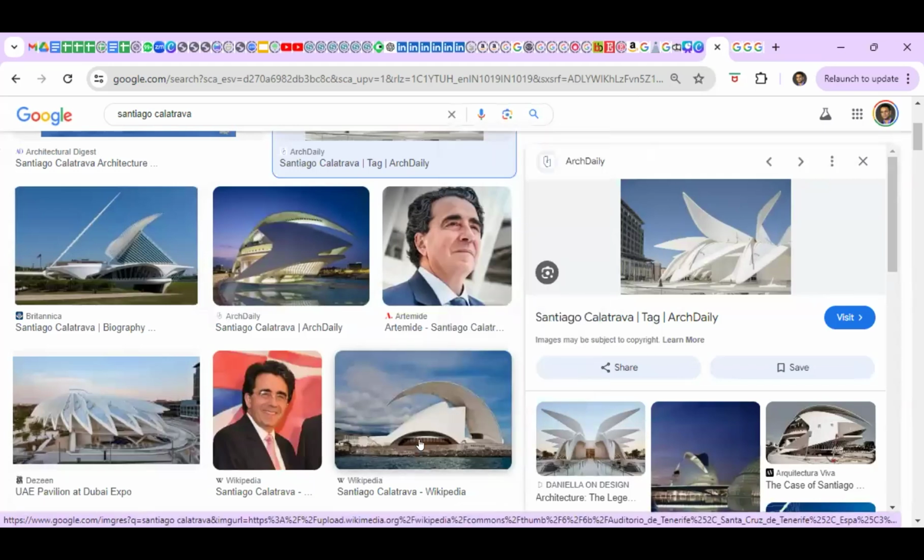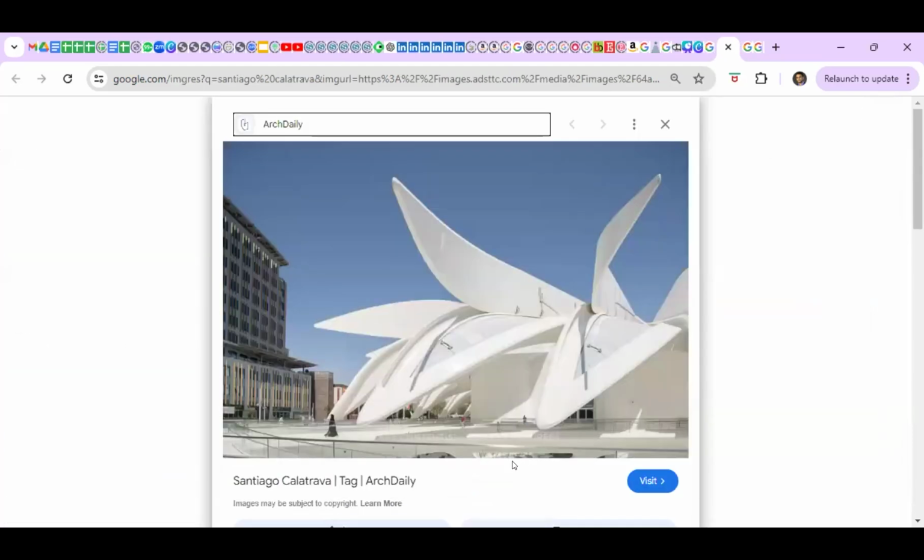If you remove one element from that building, it will collapse. So look at how beautiful the structure is. When you are building any of your 3D models, you should be giving due attention to the structural beauty.